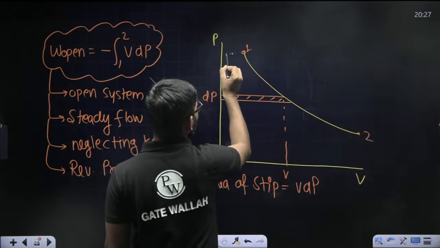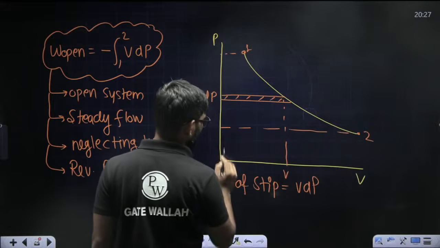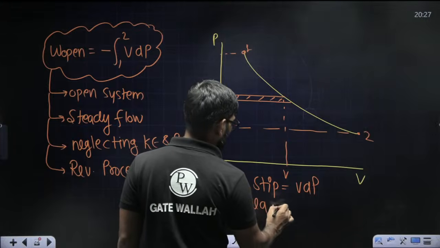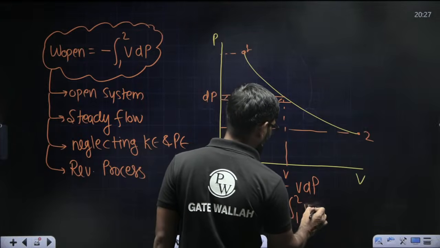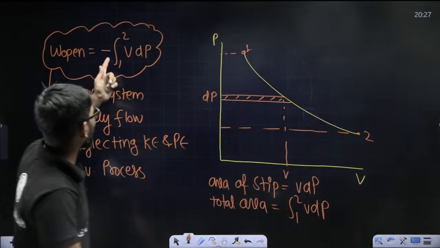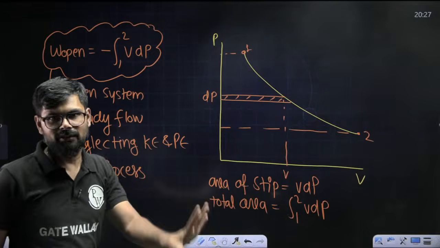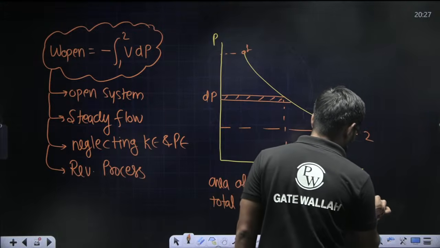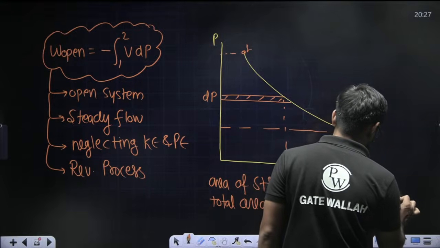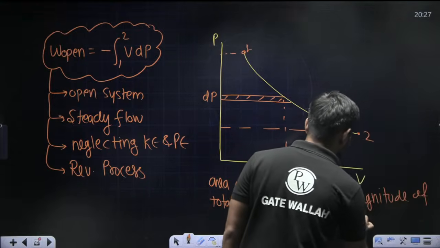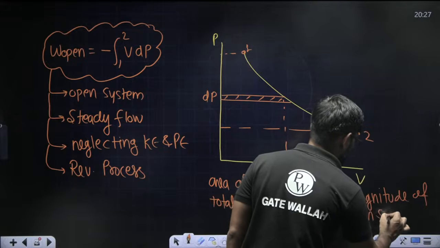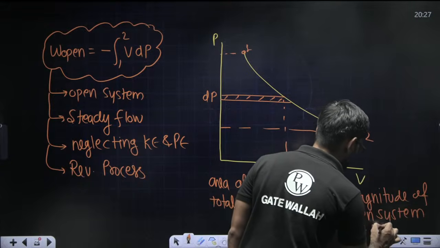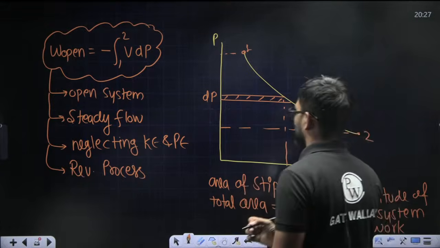Total area when projected on the pressure axis is equal to integration 1 to 2 VdP, and that is the magnitude. The minus sign is there for direction purposes. So this gives you the magnitude of open system reversible work.